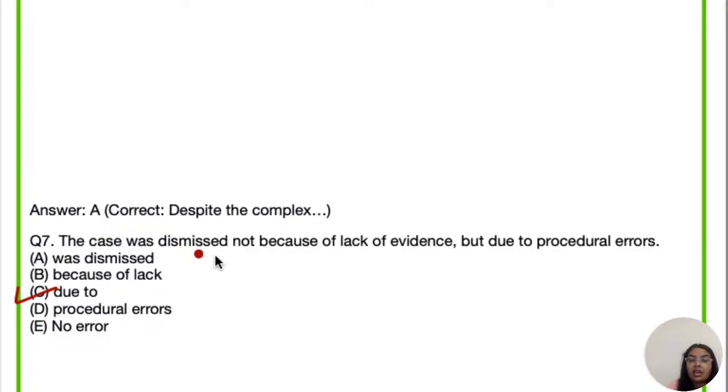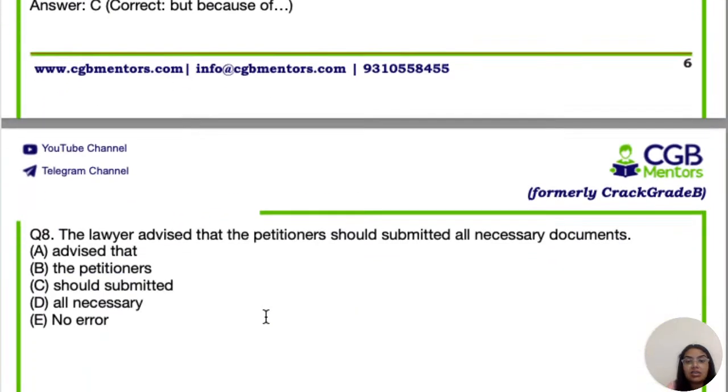C. The case was dismissed not because of something but because of parallelism. Maintain करेंगे because of आएगा. C is your answer.